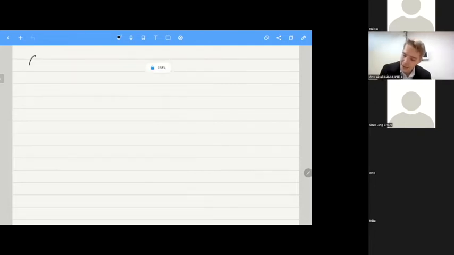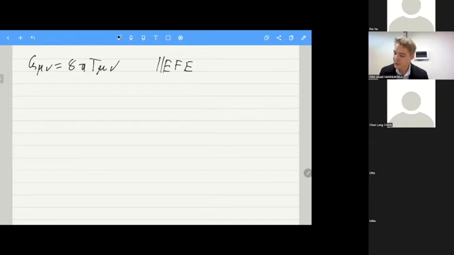And the basic equation is always G mu nu equals 8 pi T mu nu. So the Einstein field equations. And I will be trying to be careful with my handwriting because the other feedback I got is that I tend to be a little bit fast on the writing side sometimes. So let me know if you don't understand the text.